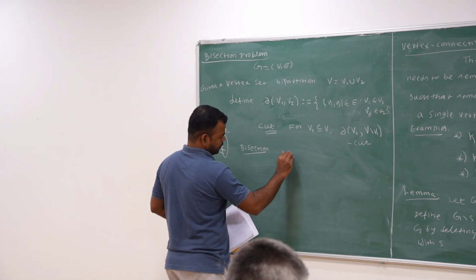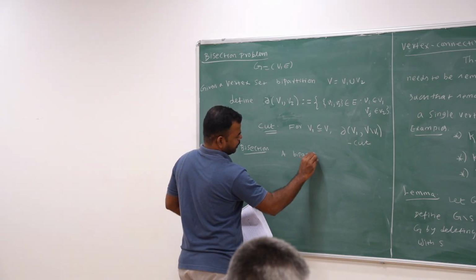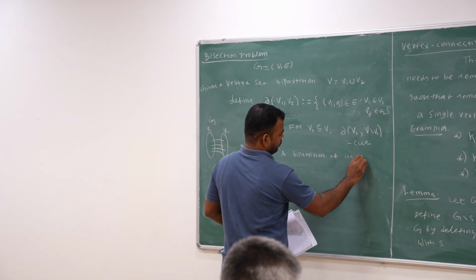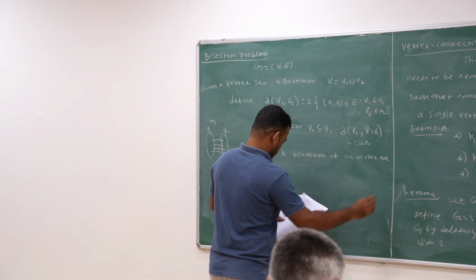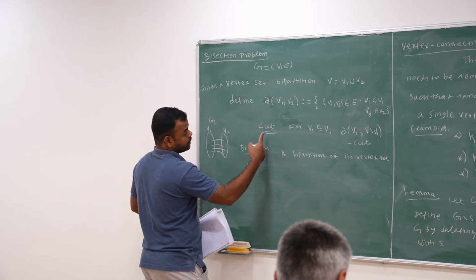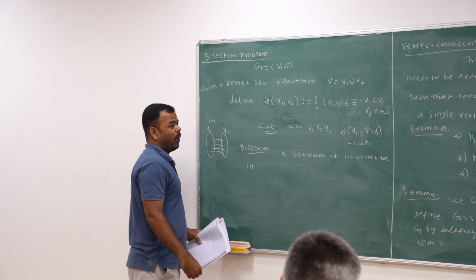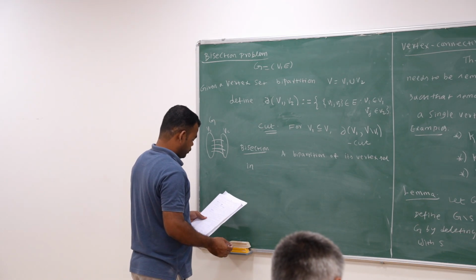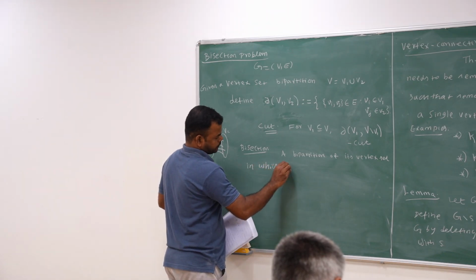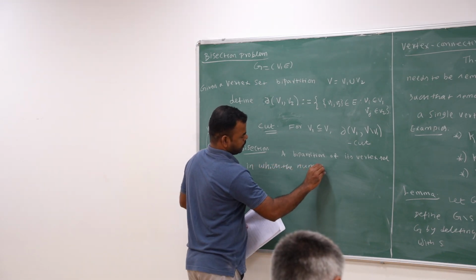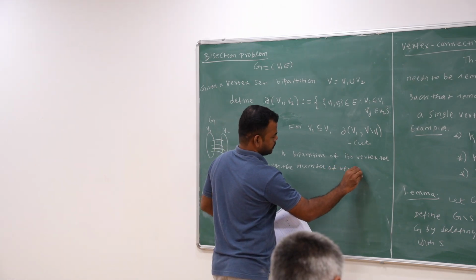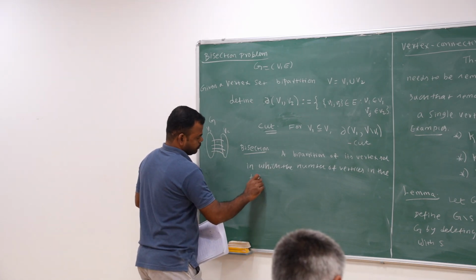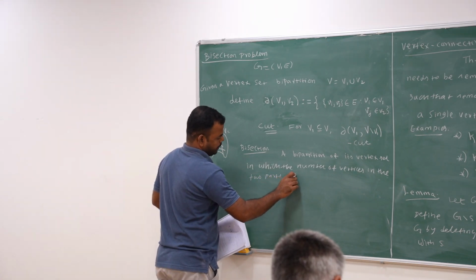It's a bipartition of the vertex set in which the number of vertices in the partition V1 and V2 differ by at most 1. That is, the number of vertices in the two parts differ by at most 1.